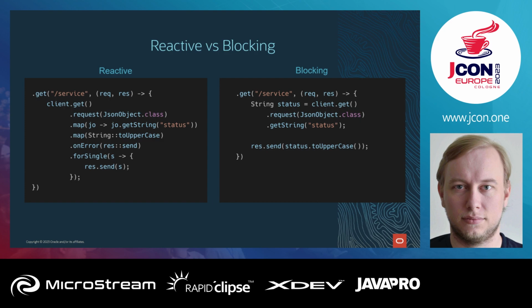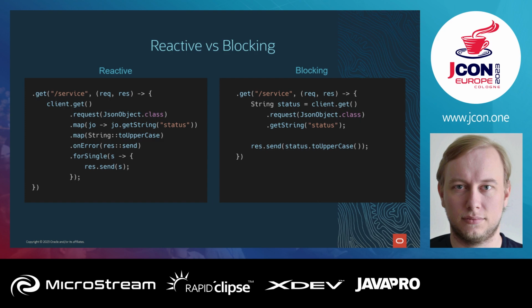It uses our reactive operators here. And what happens here is that we have some client executing a GET request to some endpoint. It's not important where. And then it's requesting the response entity to be handled as a JSON object. Only these two lines are actually executed in the server thread.